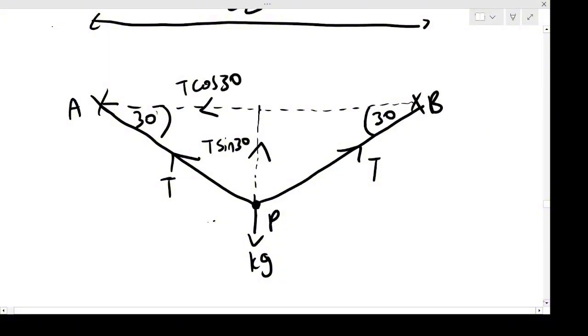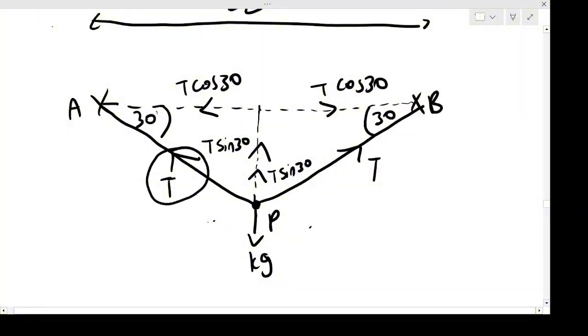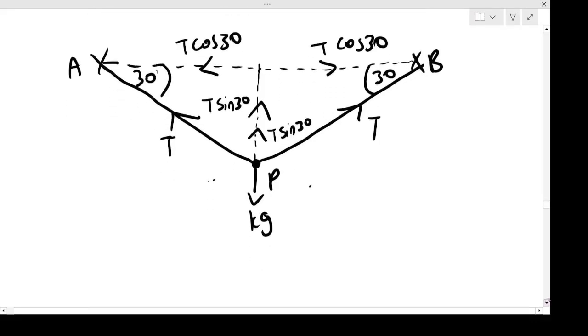Then I do the same for this tension here: I'm going to go up and then to the right. If I go up, it's also going to be T sine 30, and then to the right, it's going to be T cos 30. So hopefully you're happy again with how I split up the two tensions into horizontal and vertical parts. Again, identical to the last question.